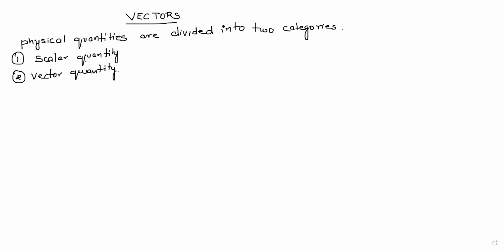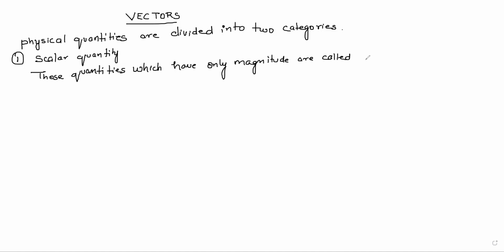Now, what is scalar quantities? Those quantities which have only magnitude are called scalar quantity.